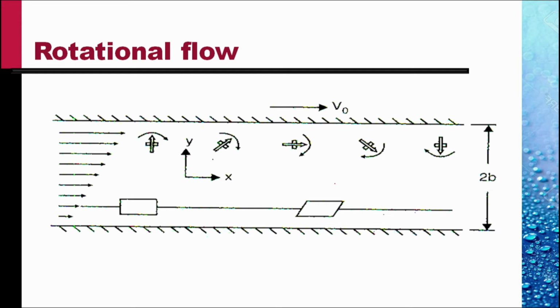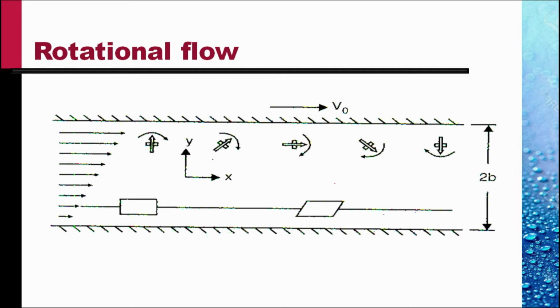For example, this flow within a channel made up of two walls, lower wall stationary and the upper wall moving with the velocity v naught. There is a velocity variation from 0 at the lower wall to the velocity v naught at the upper wall in the steady flow.